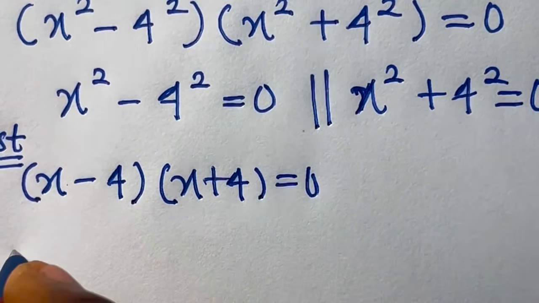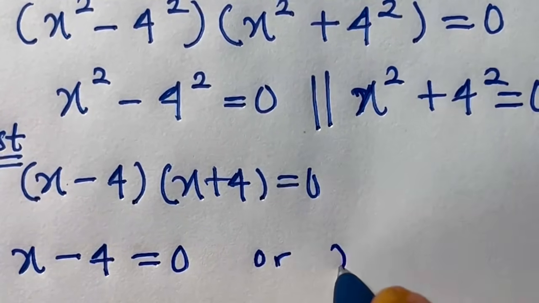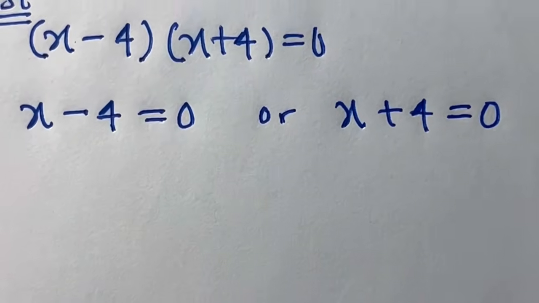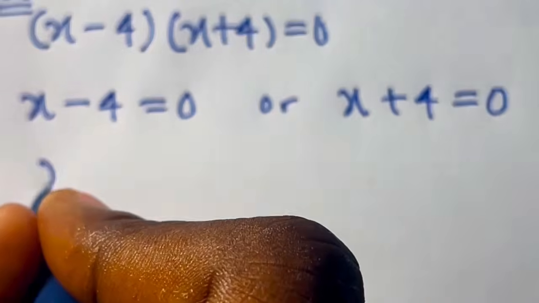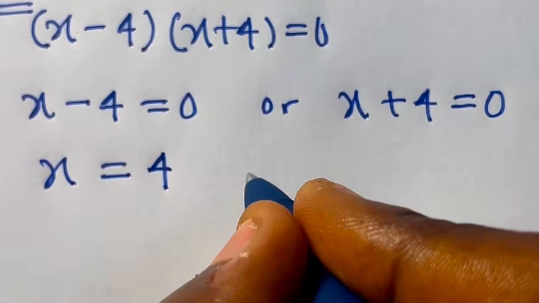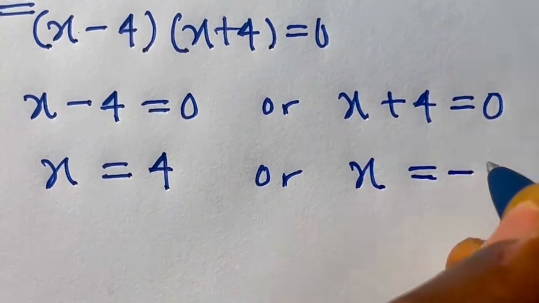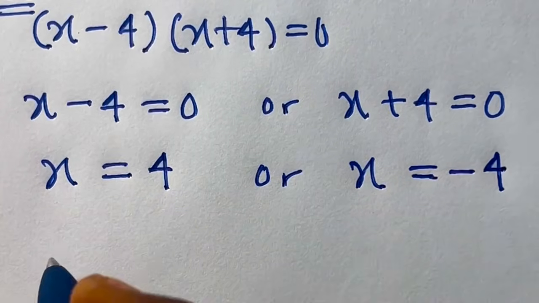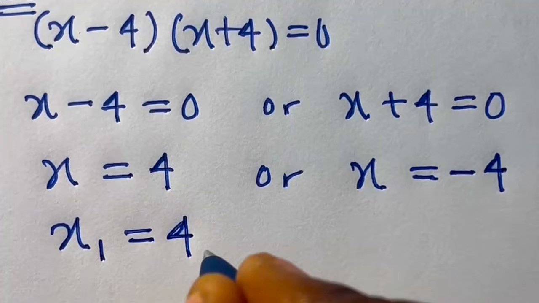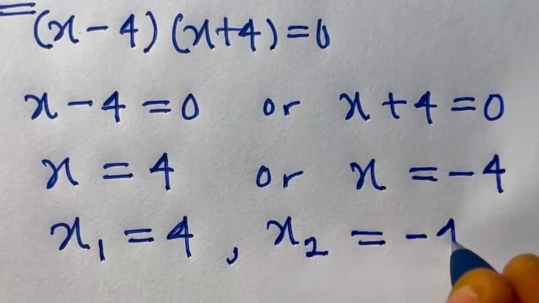So we have x minus 4 equals 0, or x plus 4 equals 0. Transferring, we have x equals 4 or x equals minus 4. So we can say x1 equals 4 and x2 equals minus 4.